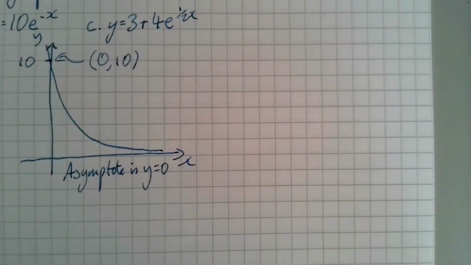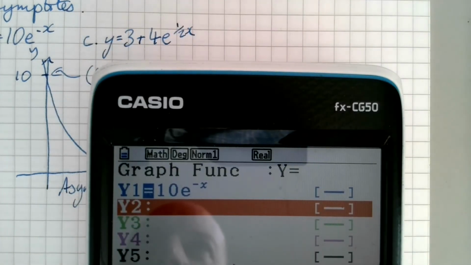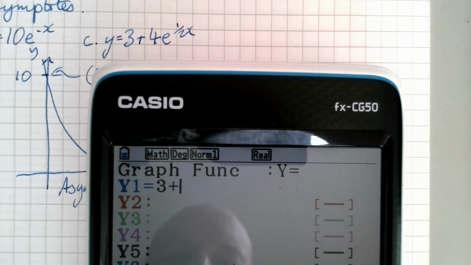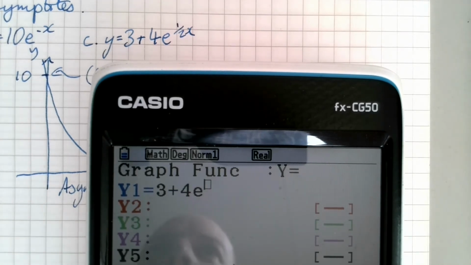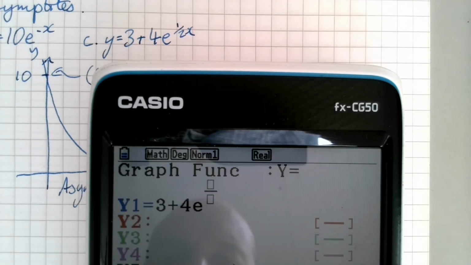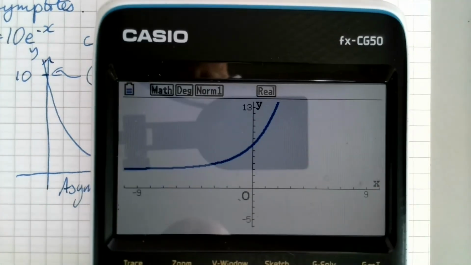Moving along to the third, again, we just hit exit on the calculator, cursor keys to go back up to there, then just start typing 3 plus 4, shift e, to the power fraction 1 over 2, come out of the fraction and press multiply by x, and then press equals and draw, and ooh, that looks a bit more interesting.